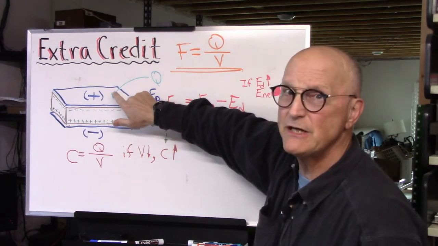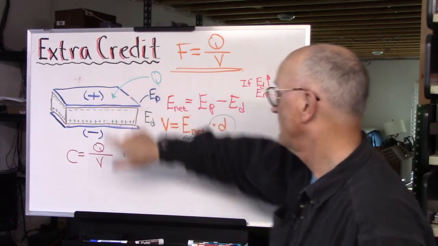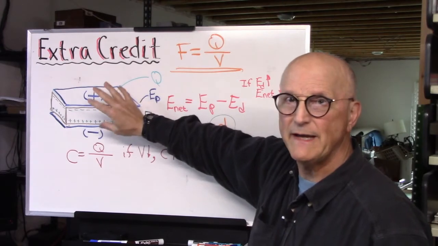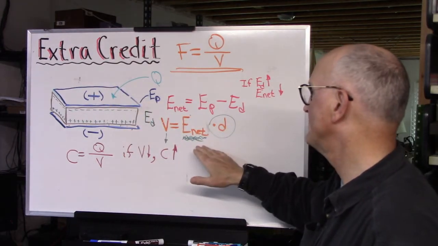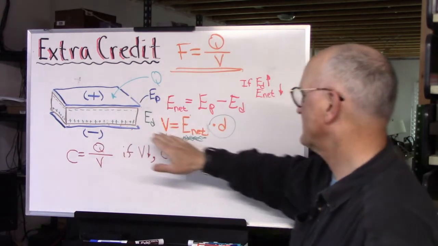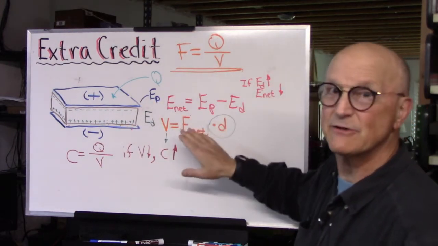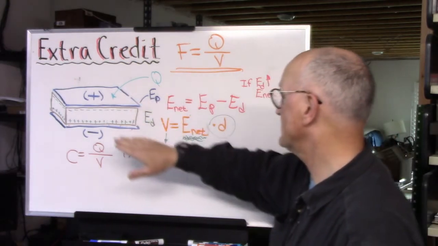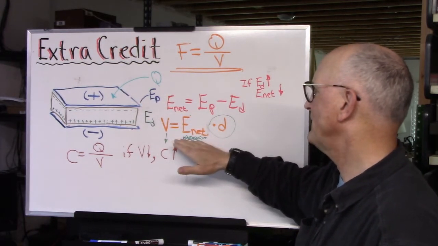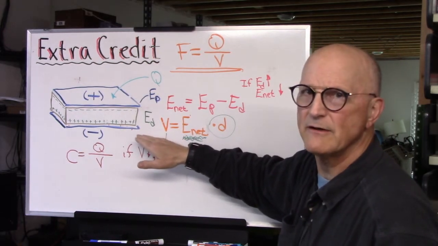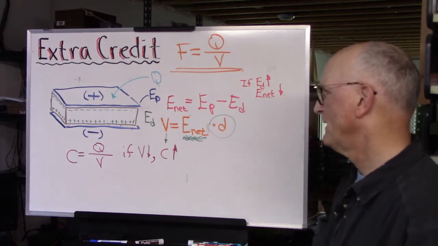We still haven't changed the charge yet. The net electric field inside of this capacitor now has gone down. The voltage, the potential difference has gone down because the net electric field has gone down. But the distance is the same, the charge is the same, but the net electric field has gone down, so the potential has gone down, the potential difference.